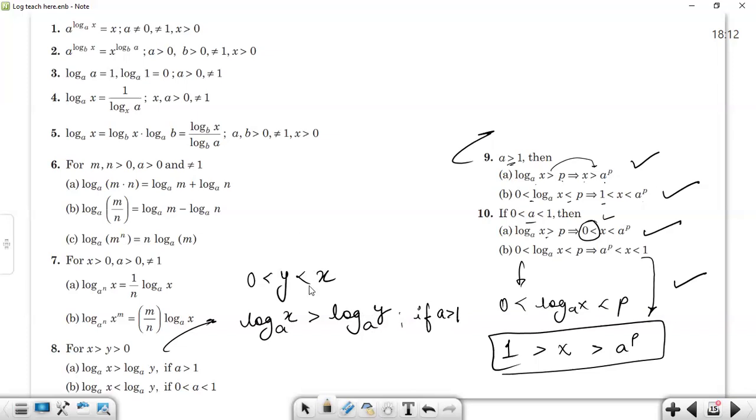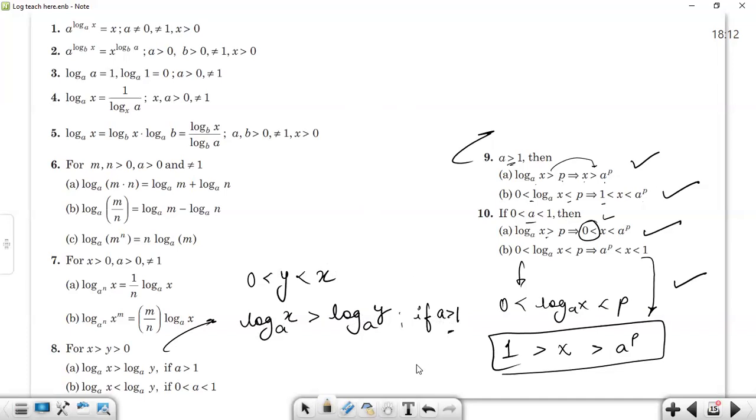So basically, when x was greater, its logarithm value will also be greater when the base is more than 1. We can also correlate this logic with the graph of logarithm with base more than 1: it was an increasing function, y was increasing as x was increasing. So there's no issue here.